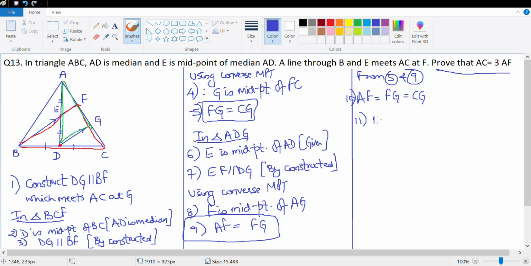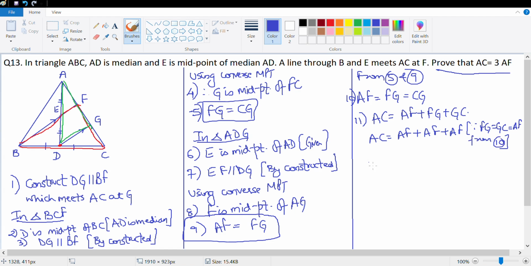Number 11 would be AC is equal to AF plus FG plus GC, which means AC is equal to AF plus AF plus AF, since FG is equal to GC is equal to AF from number 10.